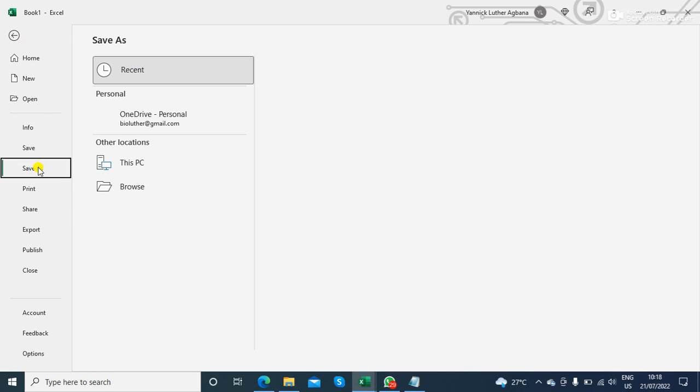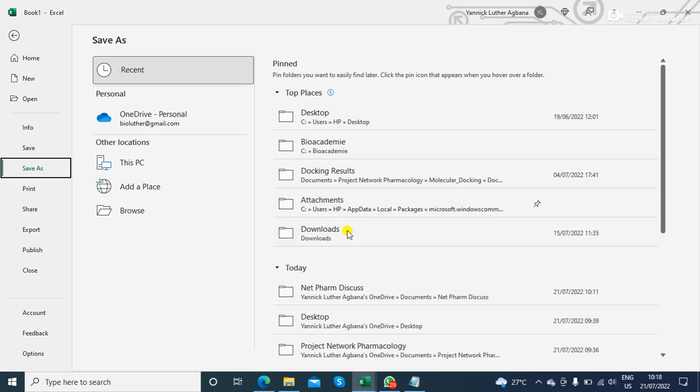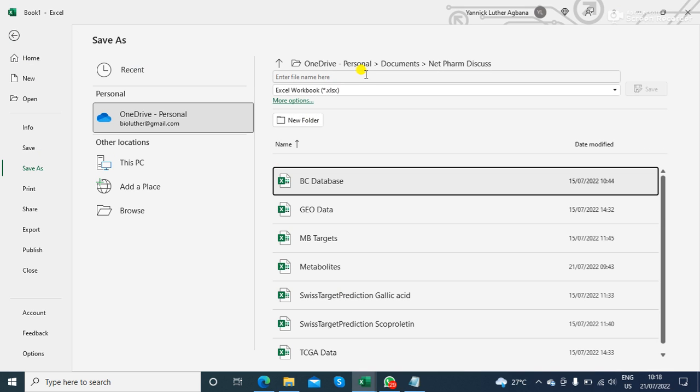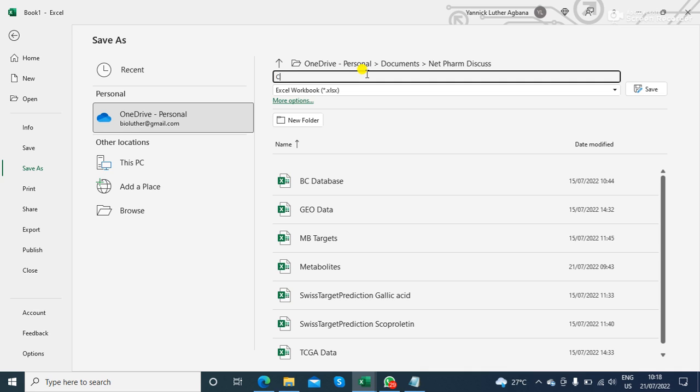We will save it in our folder, Netfarm Discuss, and our common target.